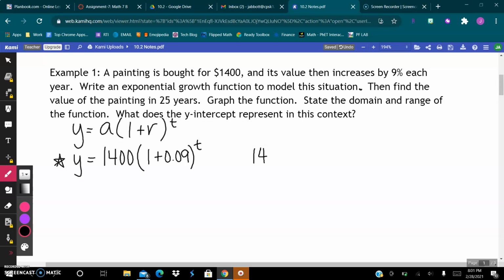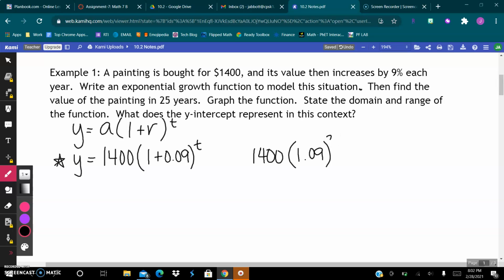So we're going to have 1,400 times 1 plus 0.09, which is going to be 1.09. The reason for that 1 is that its starting amount is 100%. So all of it is 100%, and then we're adding 9% to it each year. So that's where the 0.09 comes in. So 109%, it's growing.